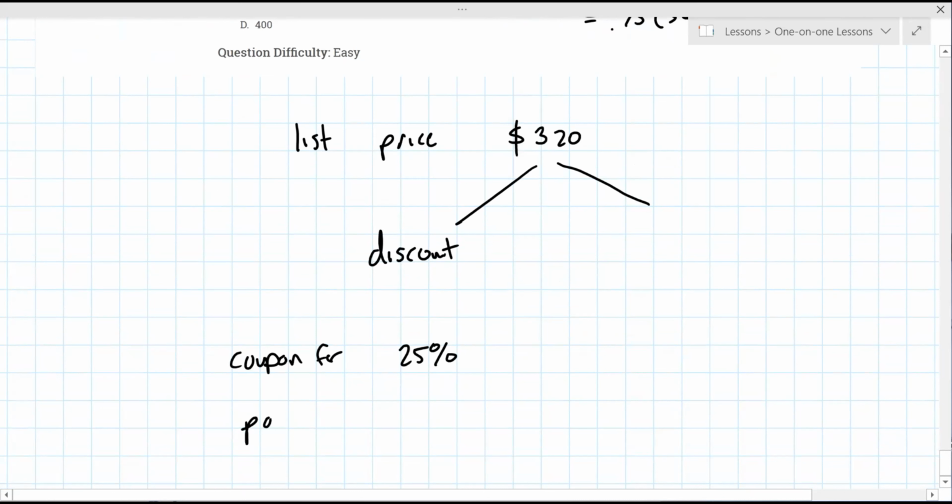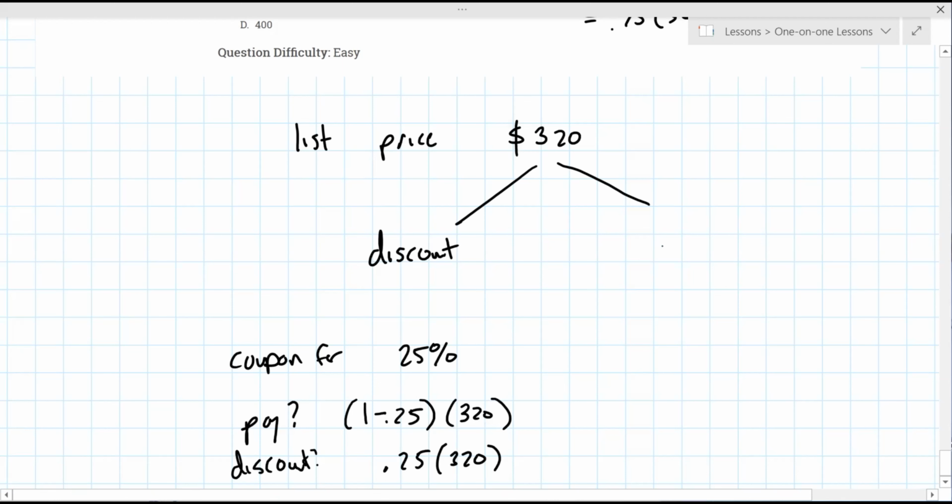How much do you pay, which is most common, which is not the 25%, it's 75%. Or I could ask you what the discount is. If I ask you what the discount is, 0.25 times 320. What you pay is 1 minus 0.25 of 320.